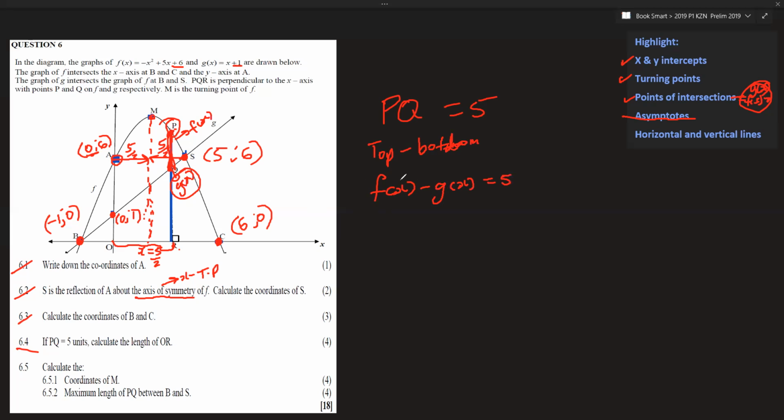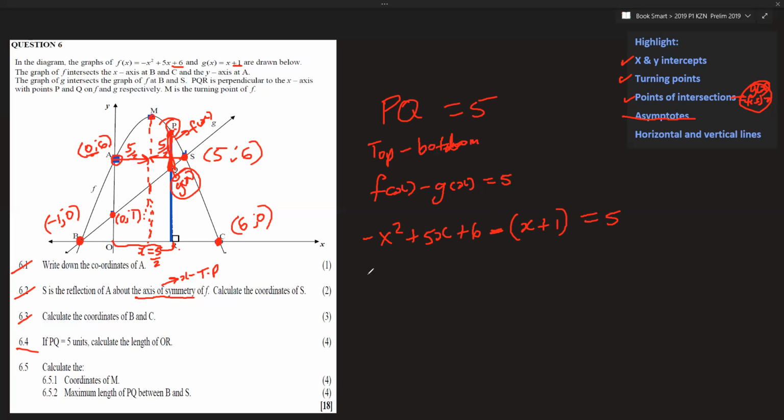And then what is this? Let's check. So here, f of x is negative x squared plus 5x plus 6 minus g of x, which is x plus 1. Don't forget to put a bracket here when you're subtracting more than one term. Okay, they say the answer must be 5, right?